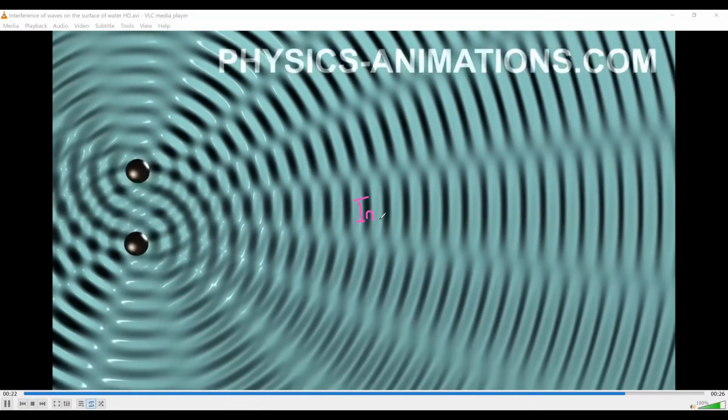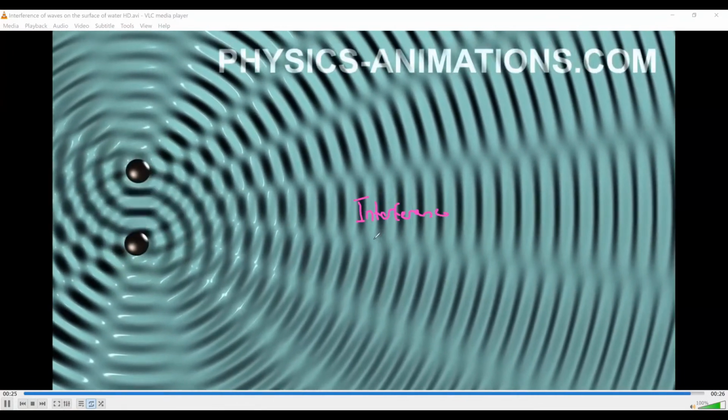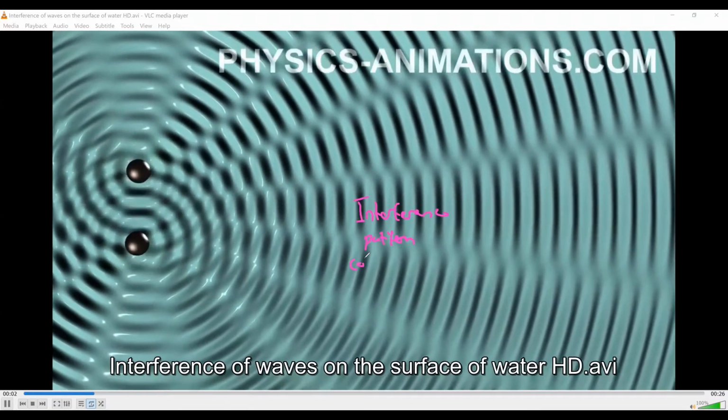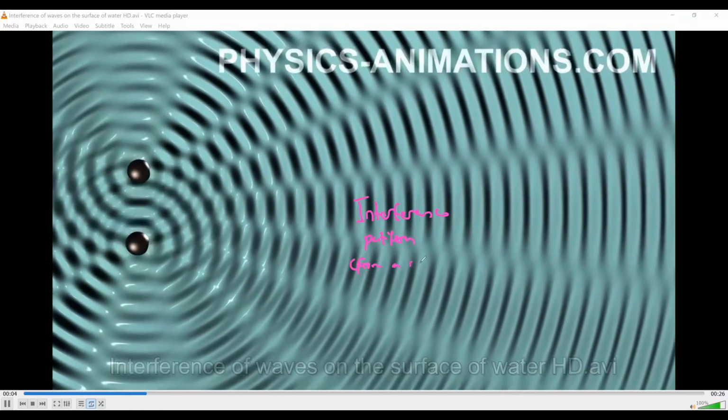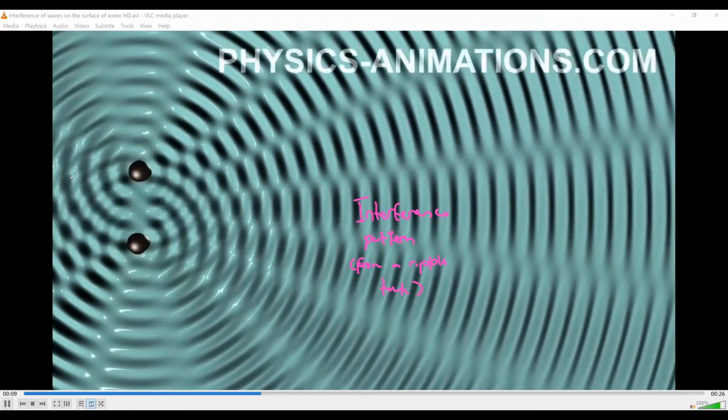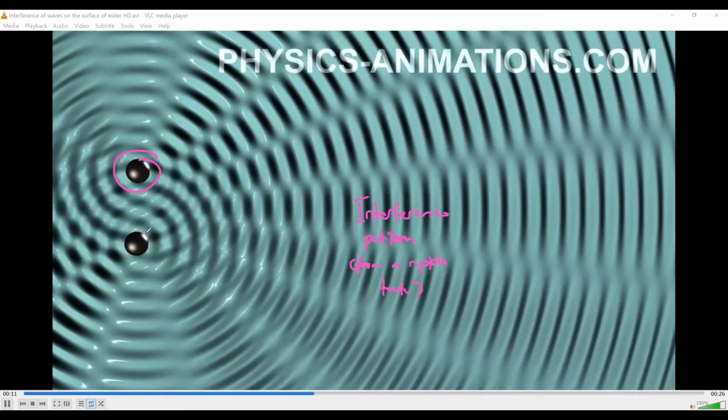This is the interference pattern from a ripple tank. You have the two dippers, which are these two here.